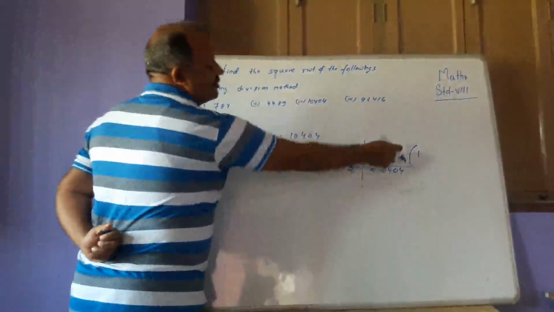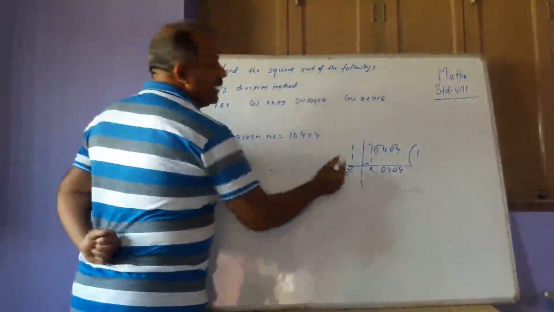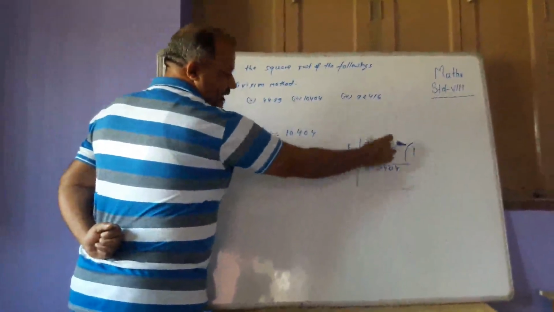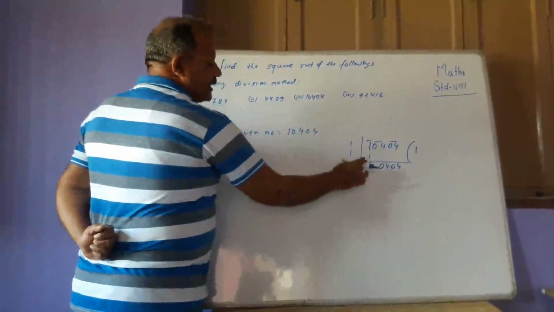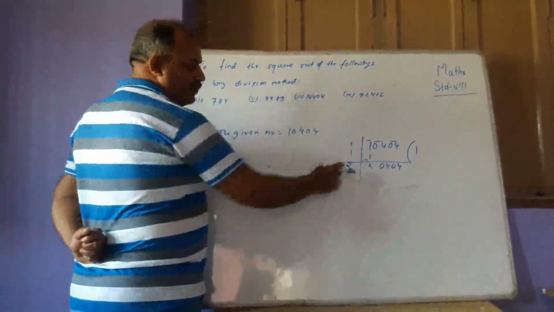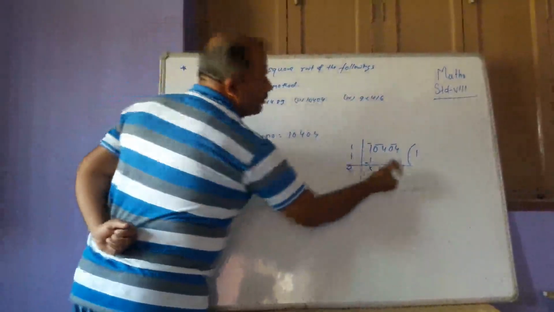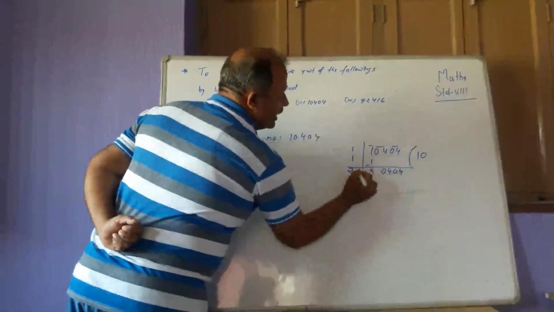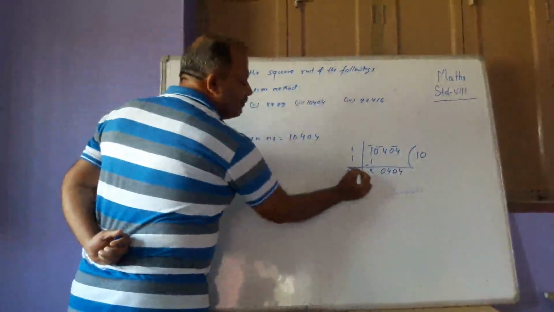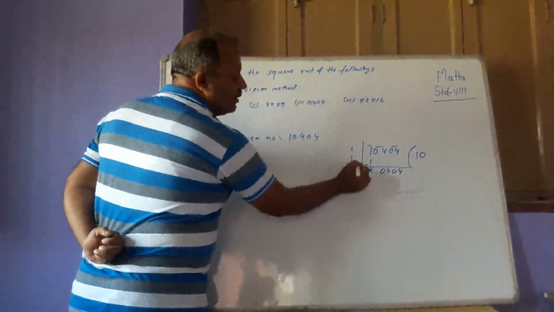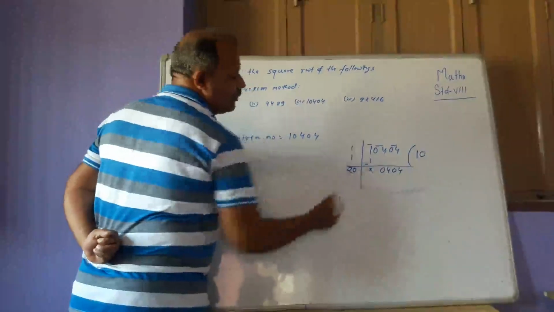Next 0, 4. And here, on taking one pair, the calculation is not possible to proceed. And therefore we have to take 2 0 here and another 0 here. Now we have to take a number such that when multiplied by the same number, it gives 404.